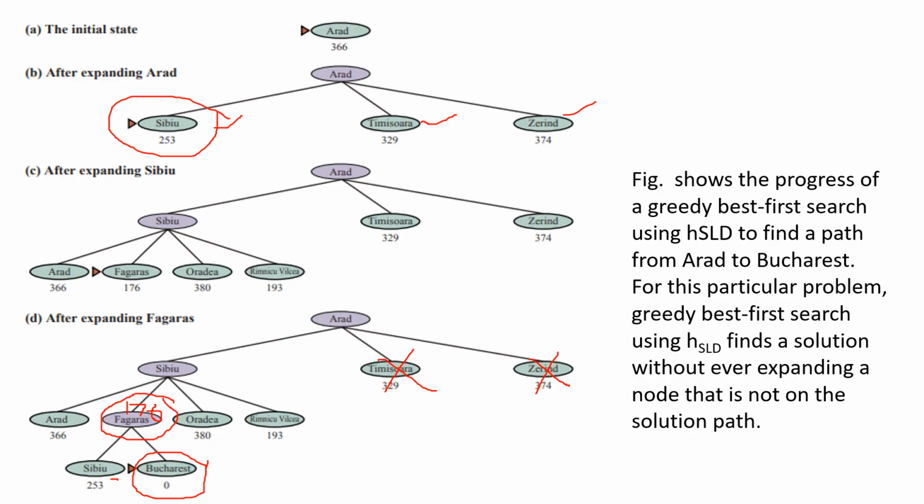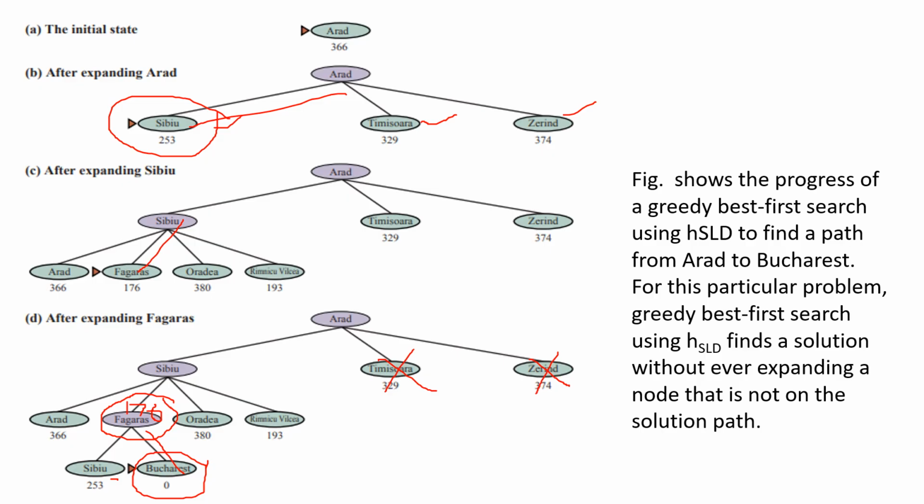Our path is from Arad to Sibiu, then Sibiu to Fagaras, then Fagaras to Bucharest. So this is the path. The figure shows the progress of the greedy best first search using hSLD to find a path from Arad to Bucharest.